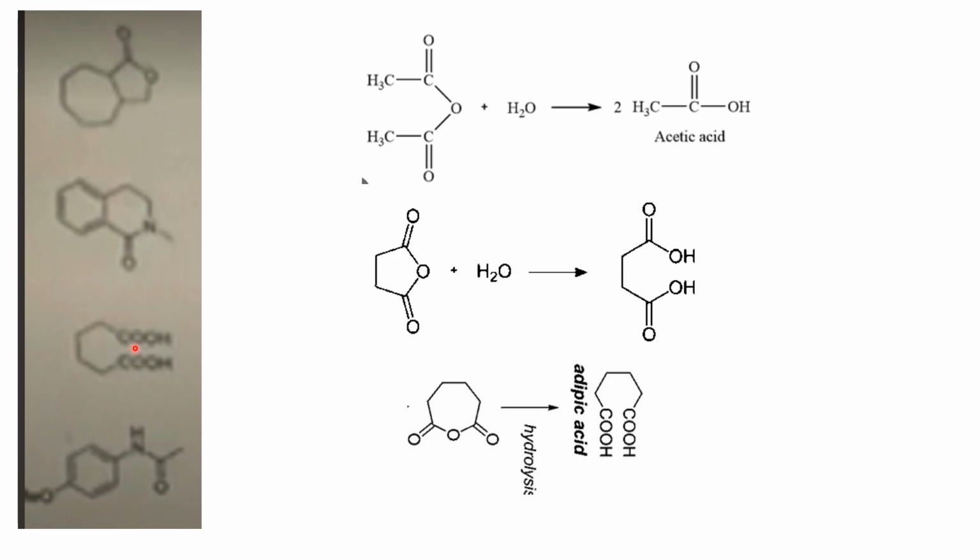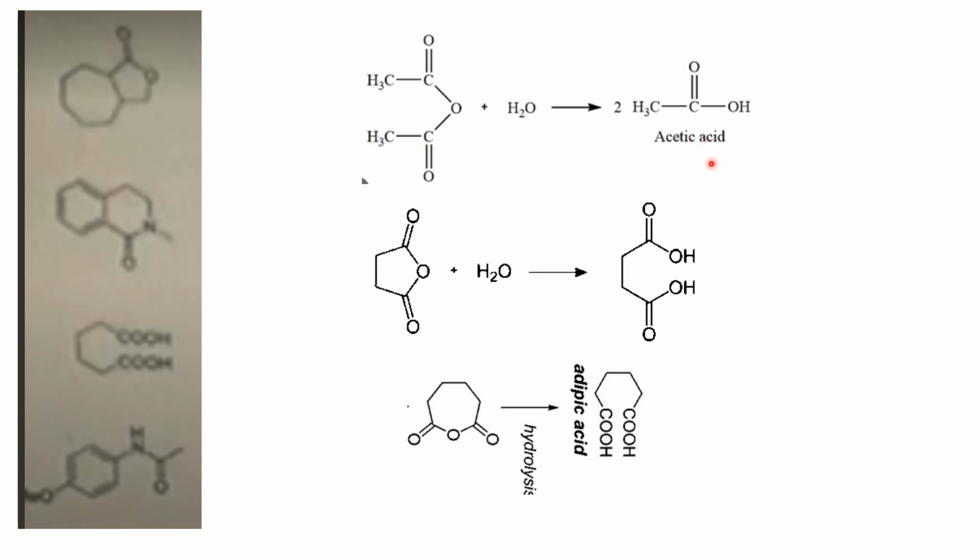This is a structure consisting of 6 carbons. This is a dicarboxylic acid. Now, let us recall that to produce a dicarboxylic acid, you can start with an anhydride. When you have an anhydride and this is reacted with water, you will form 2 carboxylic acid.